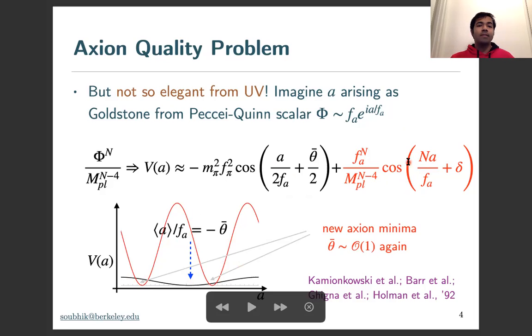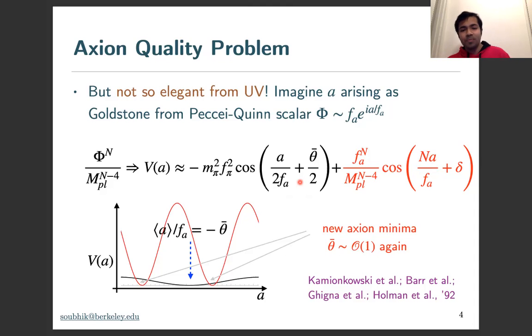So the axion will stop solving the strong CP problem, because the effective theta bar parameter is no longer small here, but rather some order 1 number. So what we have seen is that these Planck suppressed corrections can easily spoil the solution to the axion quality problem, and can easily spoil the solution to the strong CP problem.